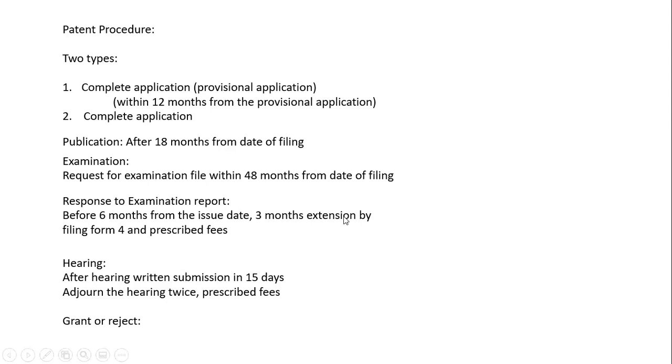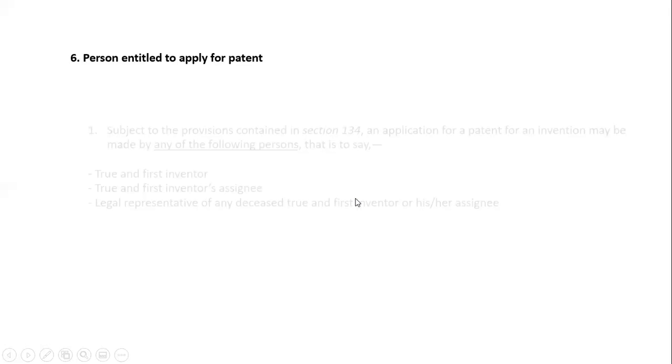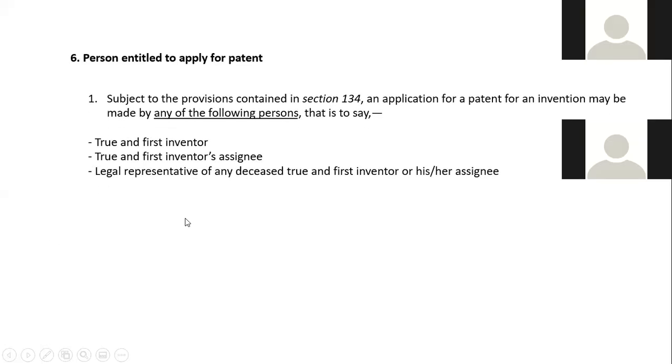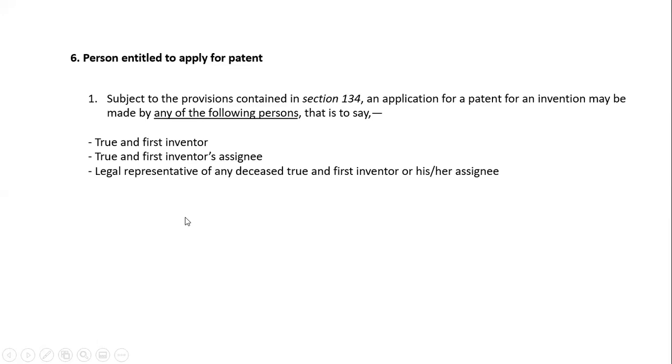So now moving towards section 6. Section 6 is a person entitled to apply for patent. अभी इसमें कौन कौन पेटेंट के लिए अप्लाई कर सकता है?